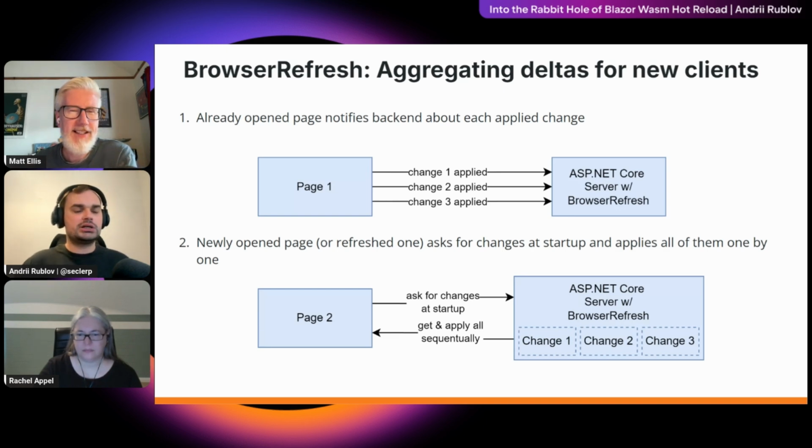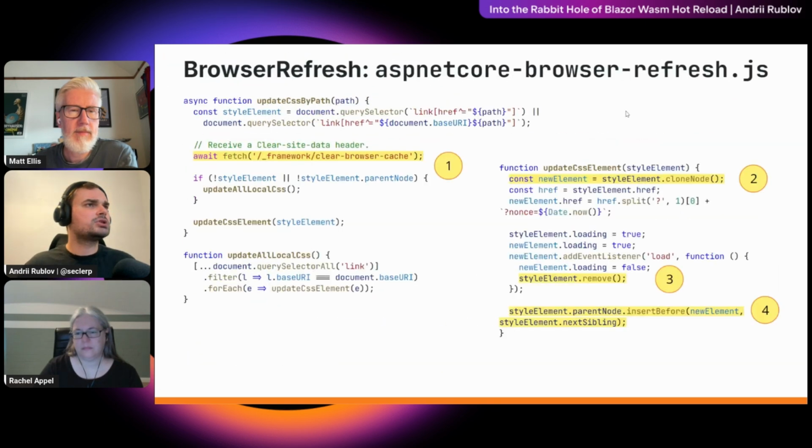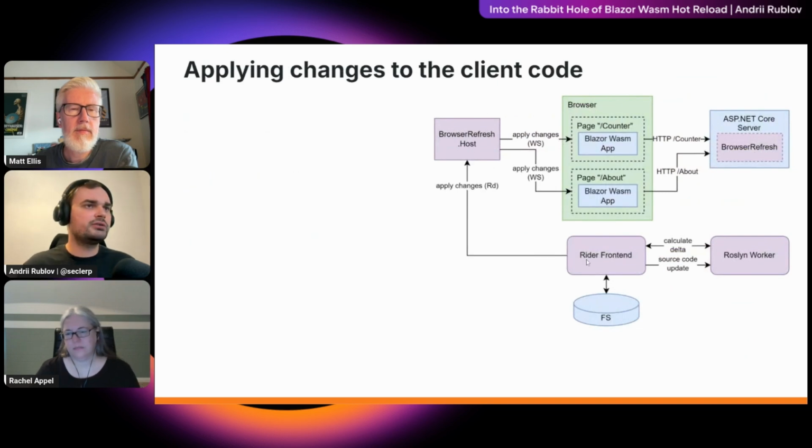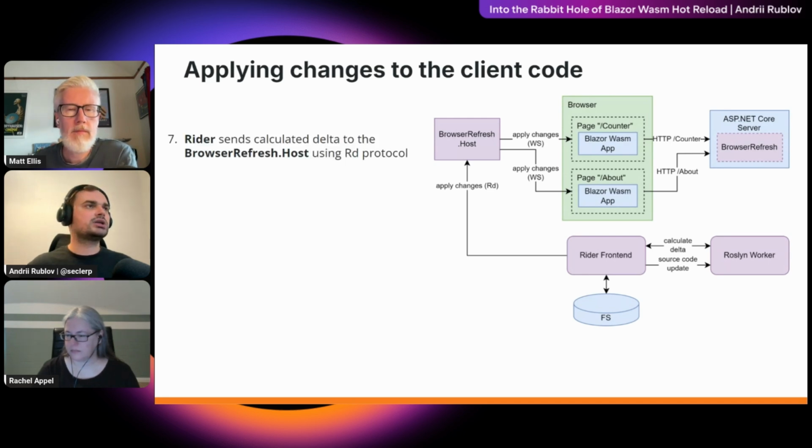If it's a change that is happening right now, it goes from the browser refresh host by itself from Rider. But the change that is aggregated on the server for the further clients comes from the client side. Let me show the code.